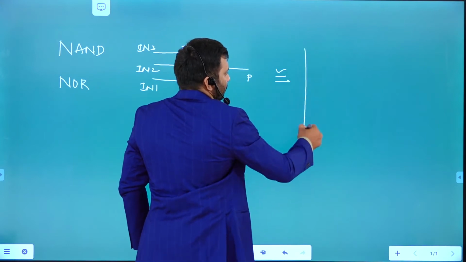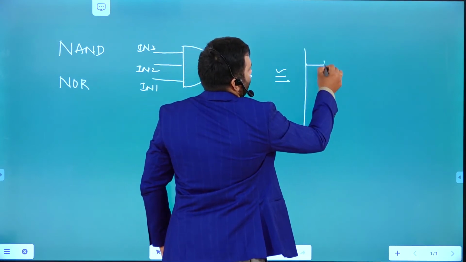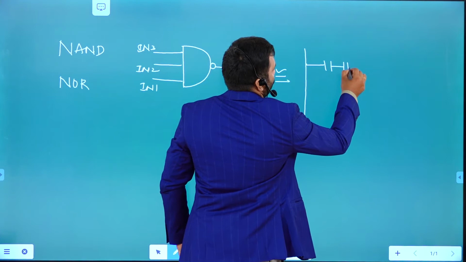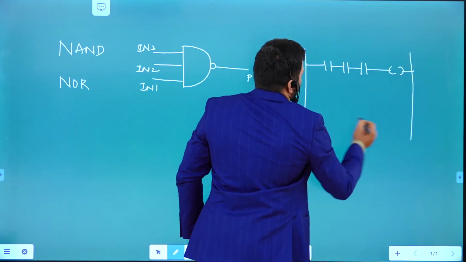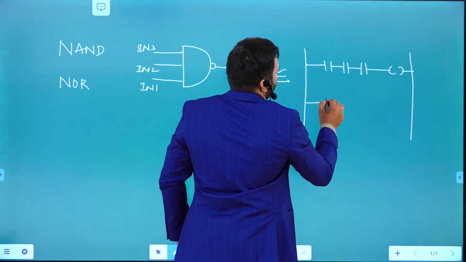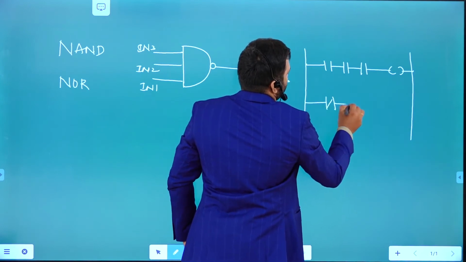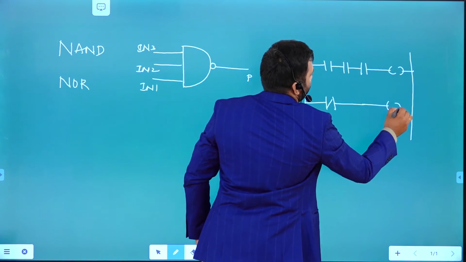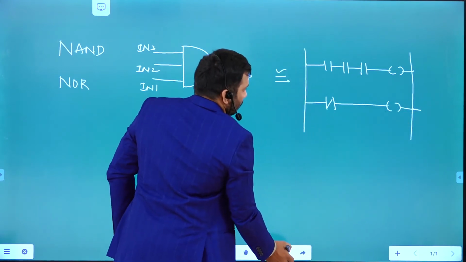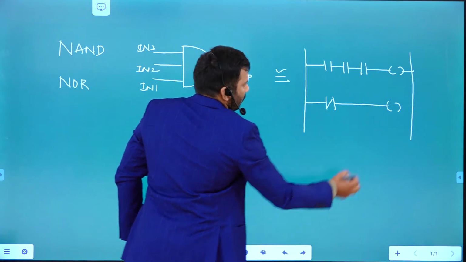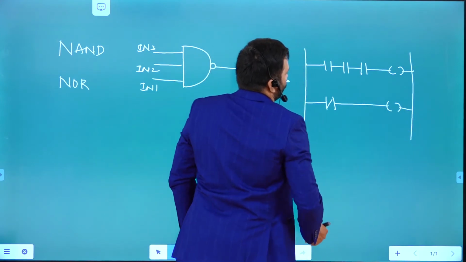For example, this is the rung for the AND gate: input 1, input 2, input 3. So the output is going to act like an input here, and this is going to become the output.